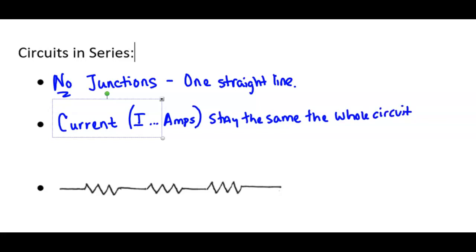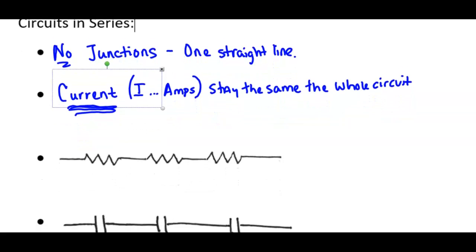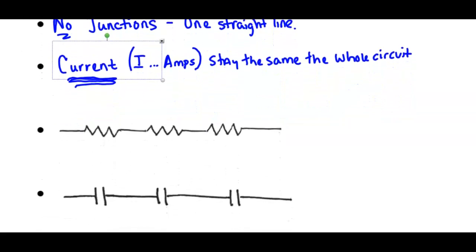All right, so this is a big deal because when we get to parallel, which is the counterpart to series, that won't be true. The current will change and something else will stay the same.